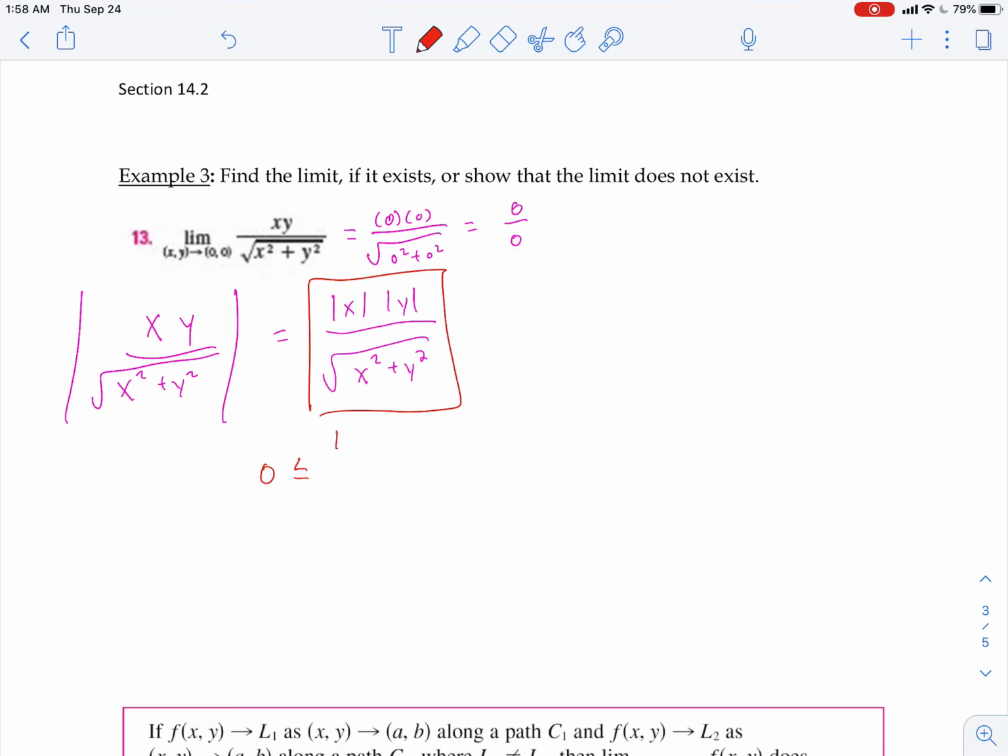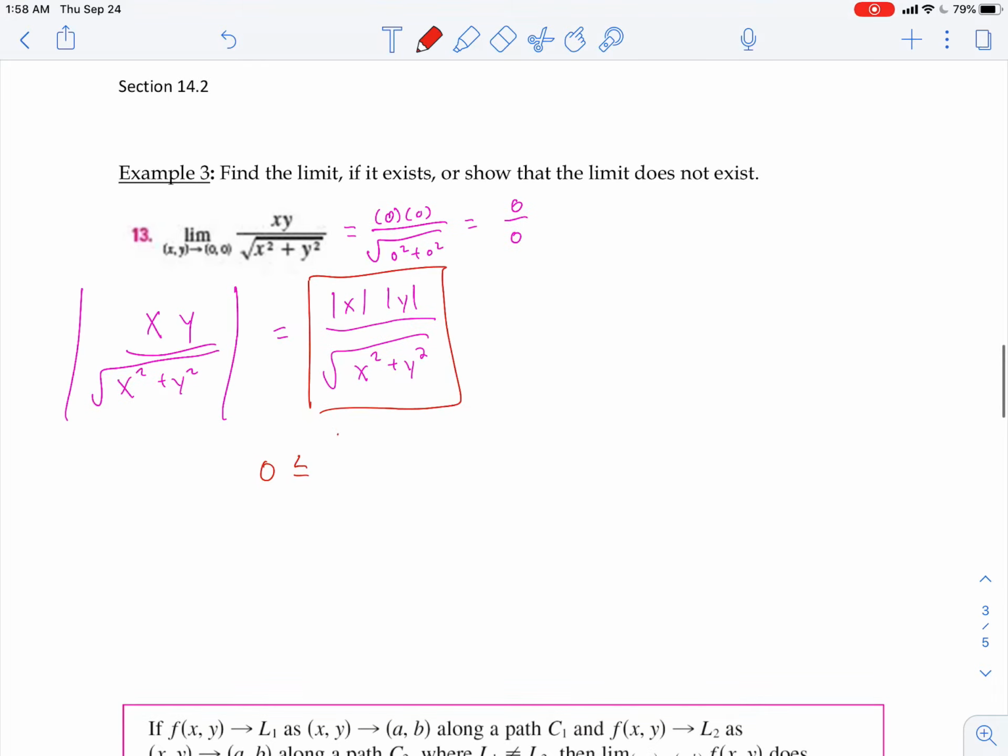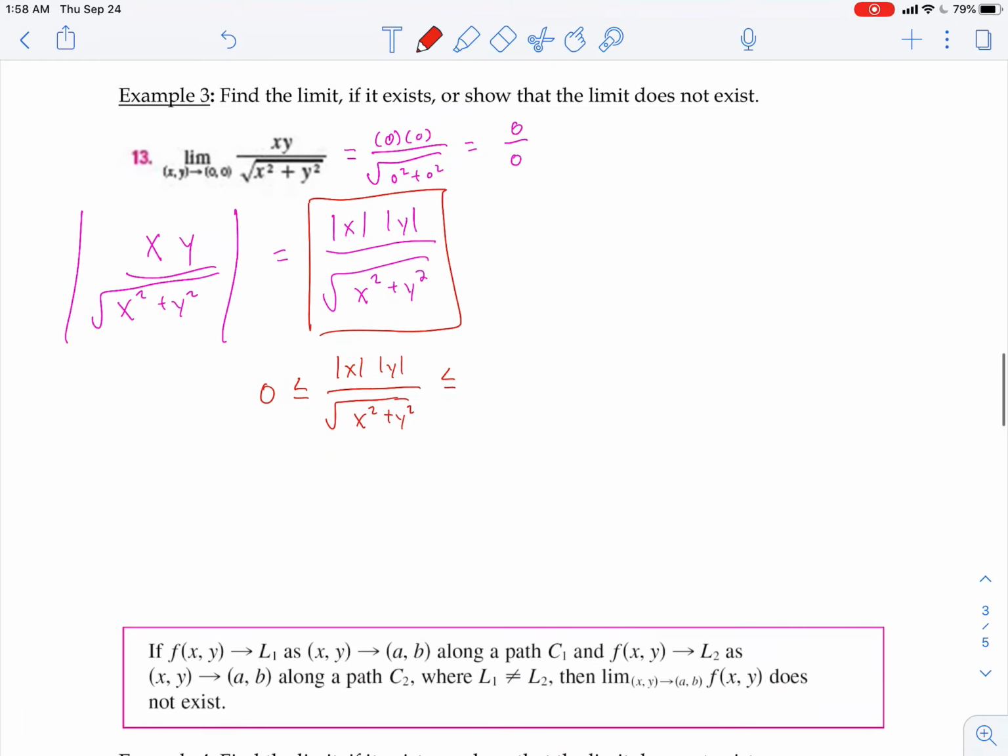And so I'm going to keep my function on the inside: the absolute value of x, absolute value of y, divided by the square root of x squared plus y squared. And now I need to determine how far can I go to a function.